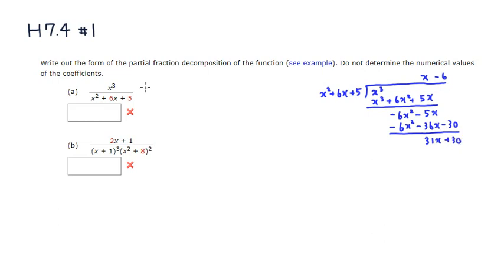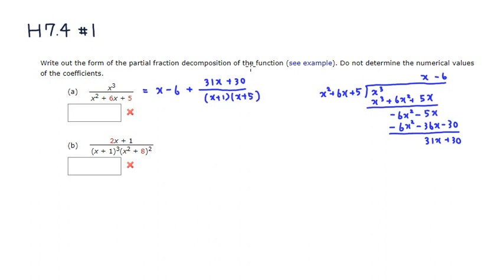So this rational function can be rewritten as x minus 6 plus, the numerator is this remainder, 31x plus 30, and the denominator is this. I'm going to go ahead and factor it: x squared plus 6x plus 5 is x plus 1 times x plus 5.